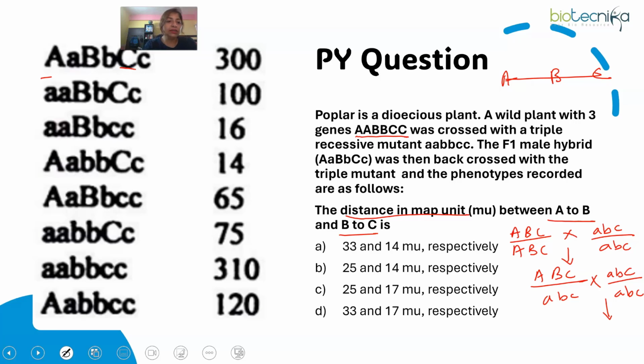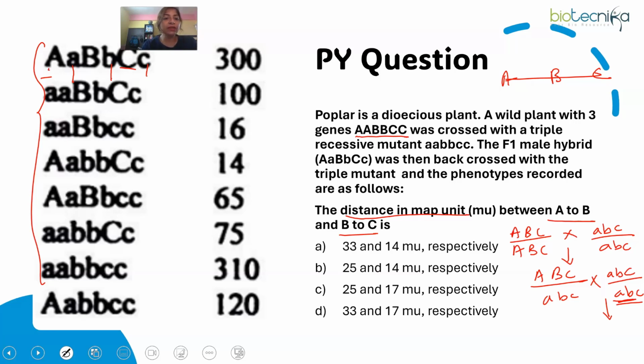Now in here you see the genotypes are given in the normal format. So we have to convert them to the linked gene format. What we have to remember is that the homozygous recessive parent is giving small a, small b, small c. So from everywhere, small a, small b, small c will come on one chromosome. Whatever is left will come on the other chromosome.